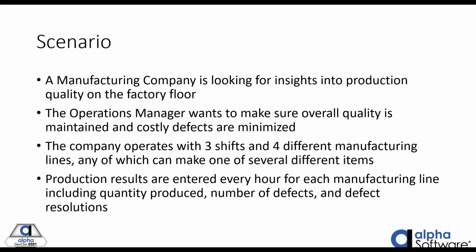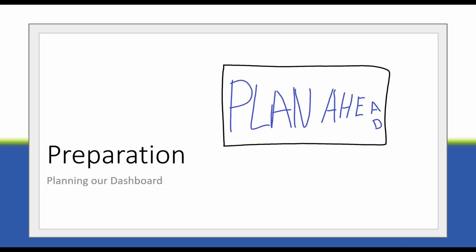As a process, they have a production result process where a shift supervisor enters in production every hour for the manufacturing line. How many did they make? How many defects were there? How did they resolve the defects and things like that? That's our overall scenario that we're trying to build a dashboard around.